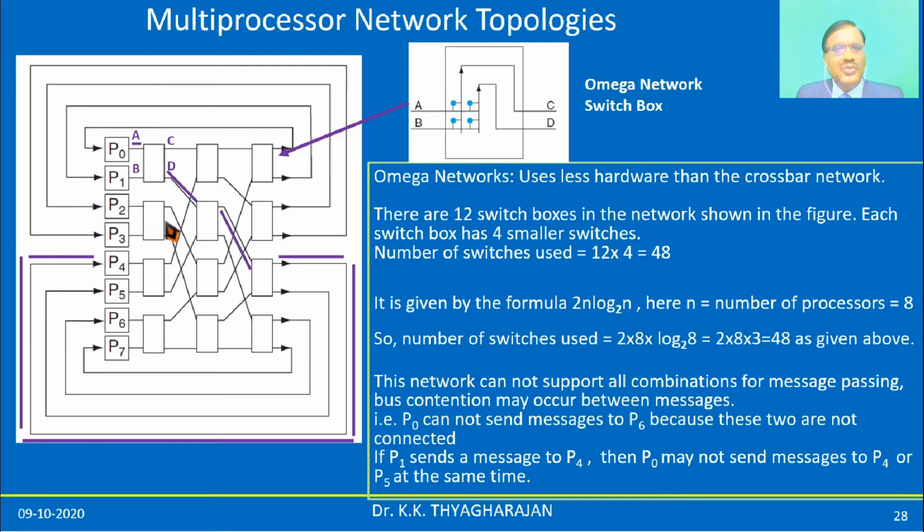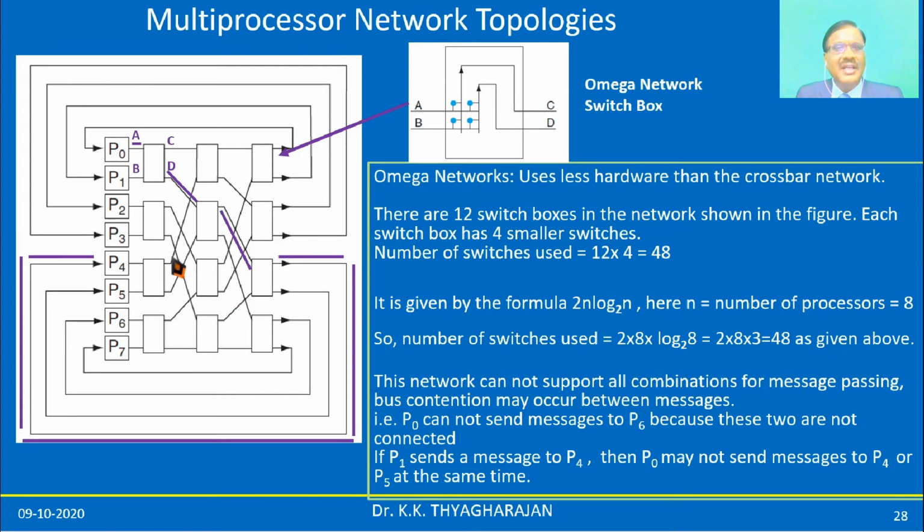Then this one is connected to the next two. So the next column is over. Then the third switch box in the first column is connected only with the first two switch boxes in the second column. Then this is connected to the next two switch boxes in the second column.